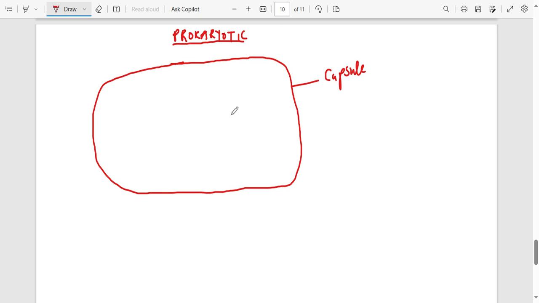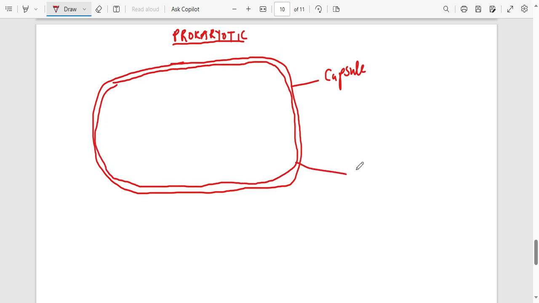That is what we call a capsule. So inside the capsule now we are going to have our cell wall there.